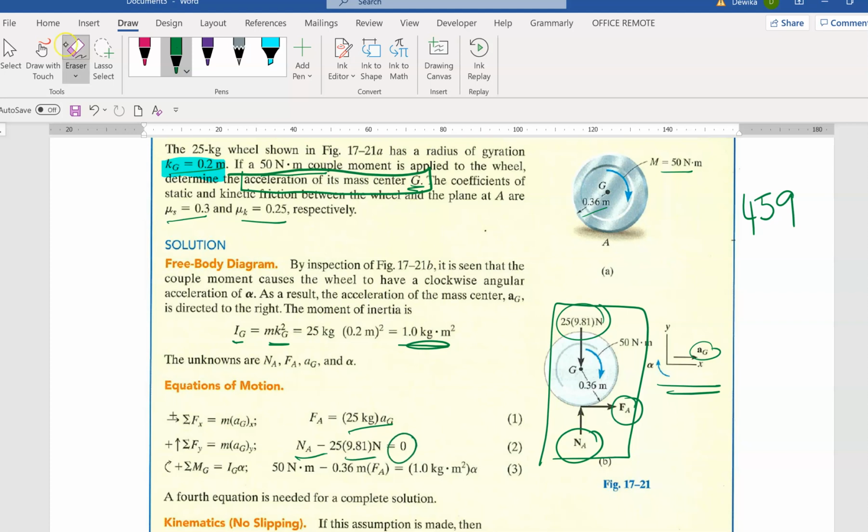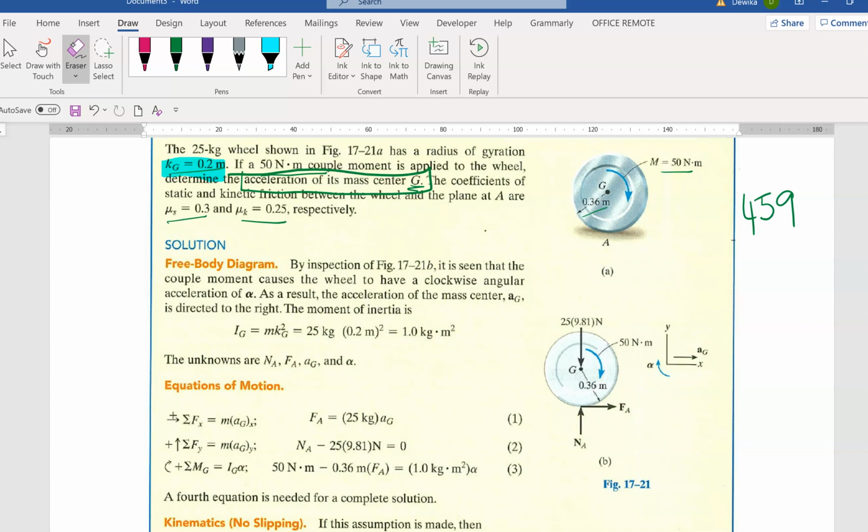Now we are taking moment at point G. How to calculate? Force times distance, 0.36. There is the existing 50. Just follow through.